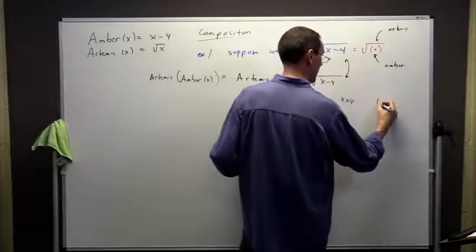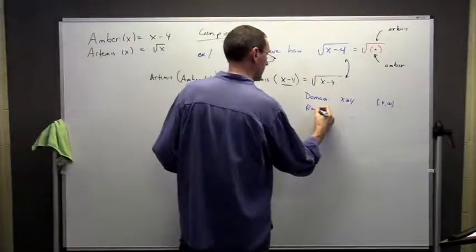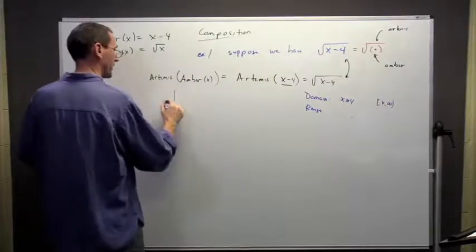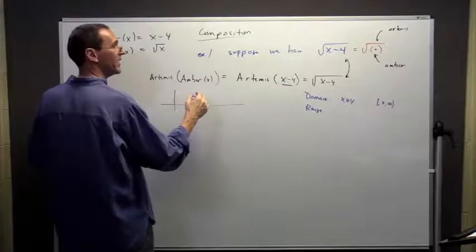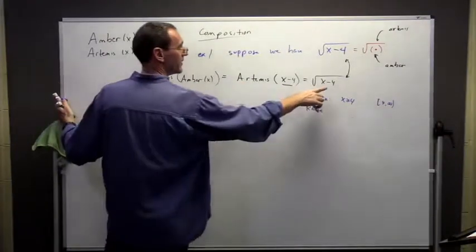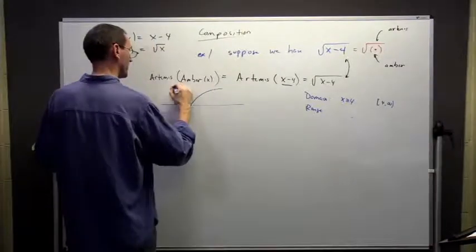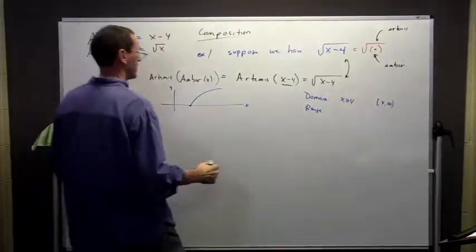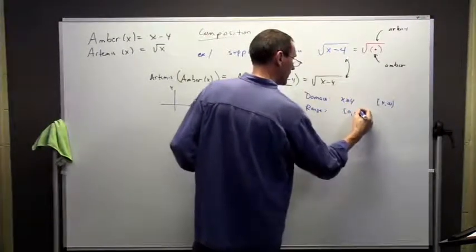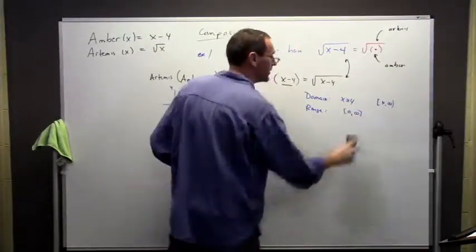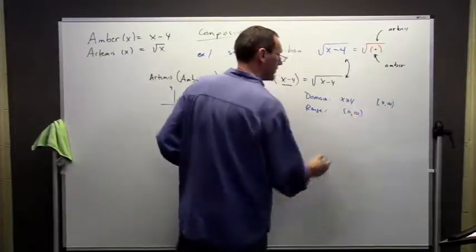Or we could write it as 4 to infinity. What's the range for that thing? The range is basically I'm taking the square root function and I'm shifting it right 4 units. So I get that. So this range then is going to be, that should be open, 0 to infinity.